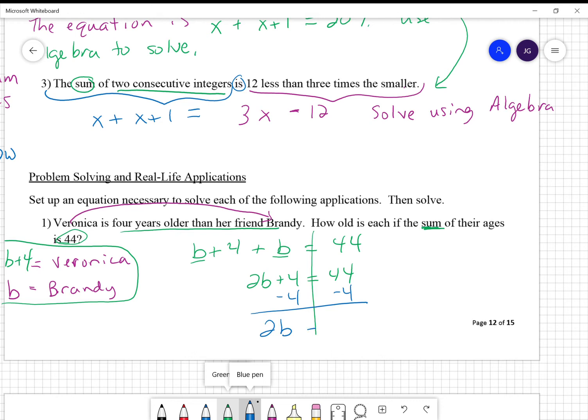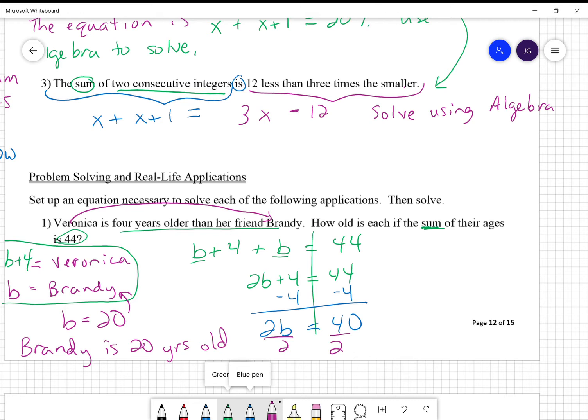I get 2B equals 40. B equals 20. B is Brandy. Brandy is 20 years old. And Veronica is 20 plus 4, 24 years old.